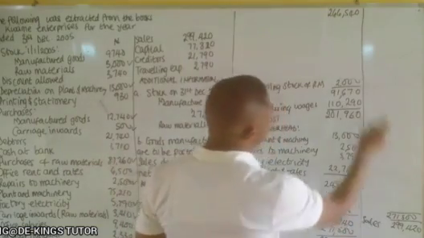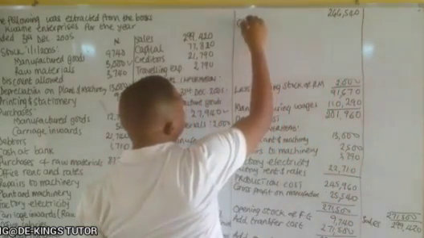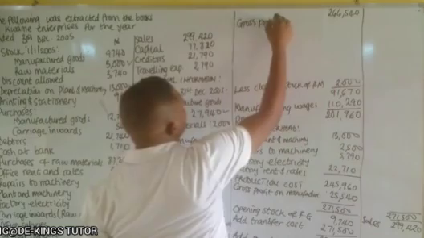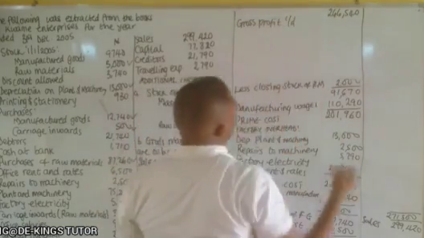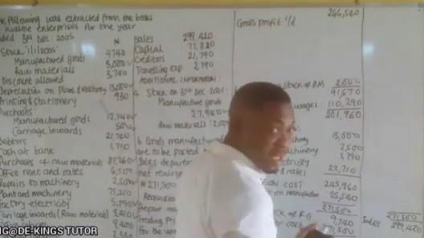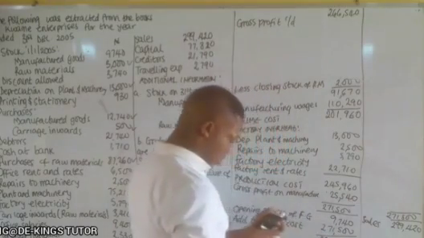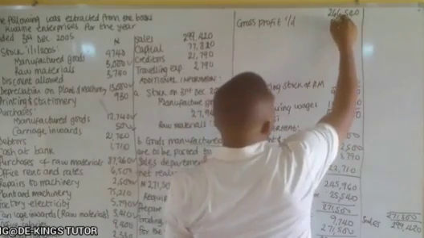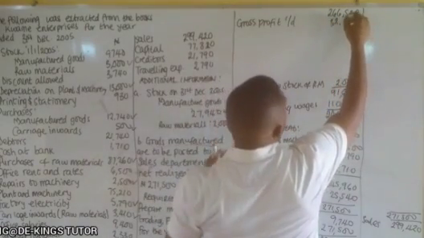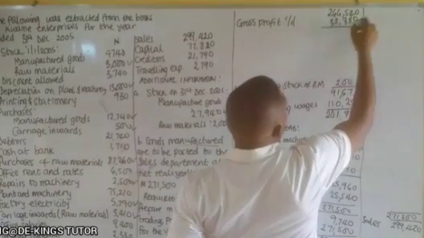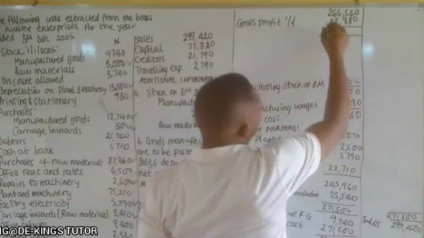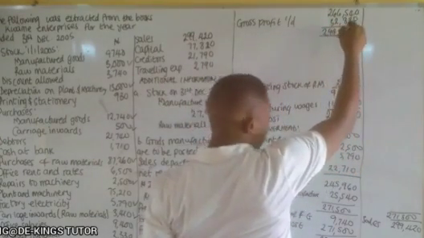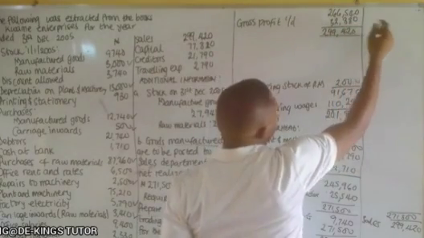So our sales minus this will give us gross profit carried down. So minus that becomes 32,880. So that when we add, we have 299,420.